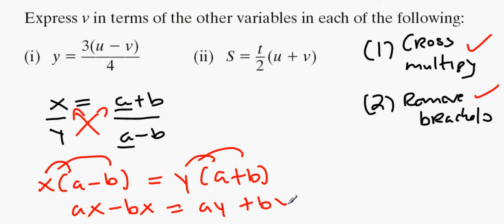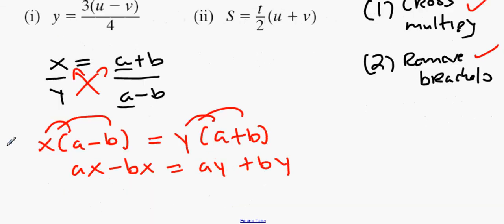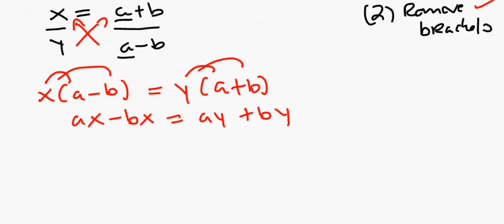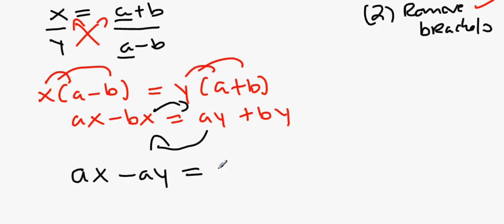Now, we want to get all a's on one side, so the a's need to go over to one side. So we're going to get ax minus ay, and bring over bx, so we're going to get bx plus by.